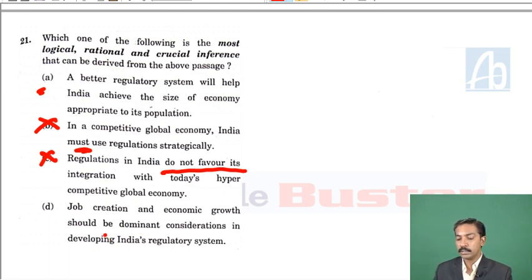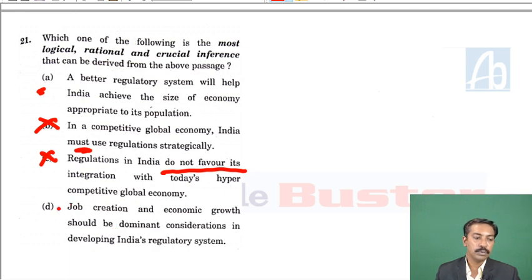There is a reference in the text where the sentence reads, often regulations fail to consider impacts on job and economic growth.